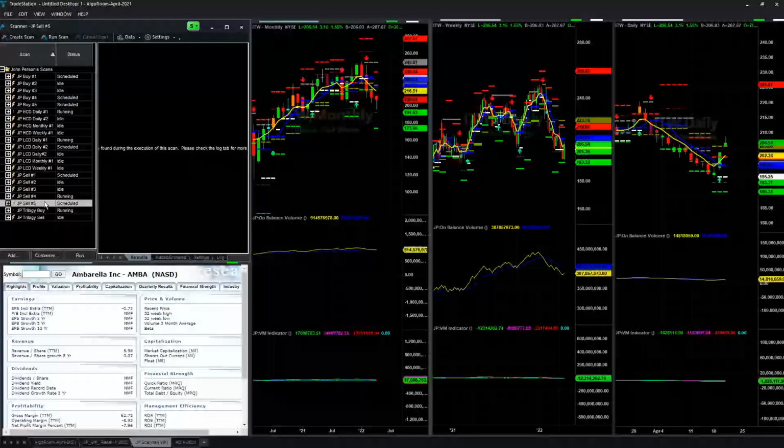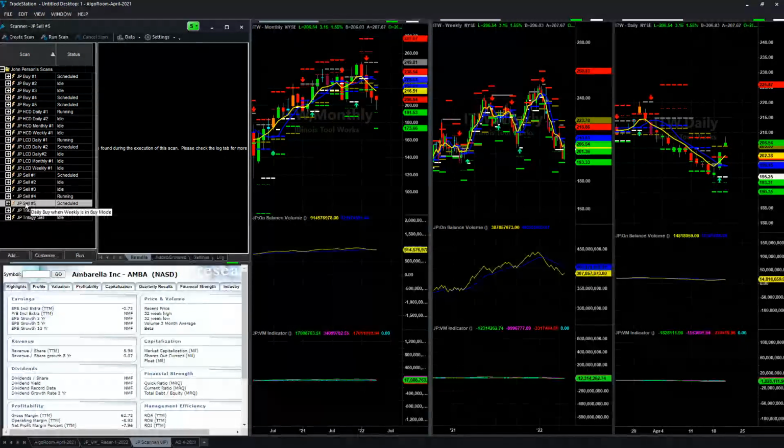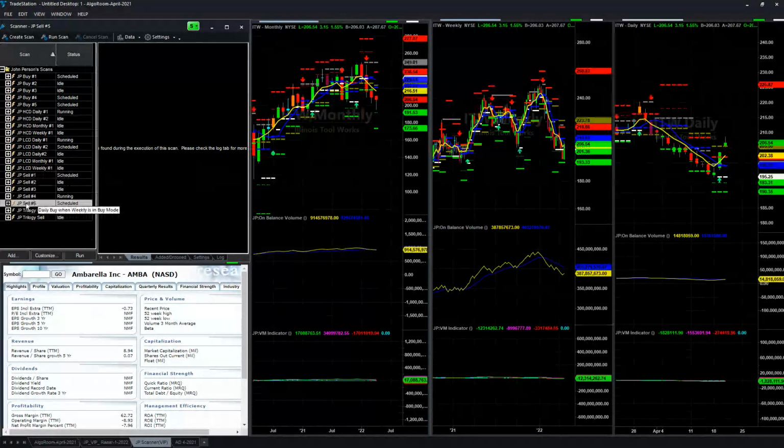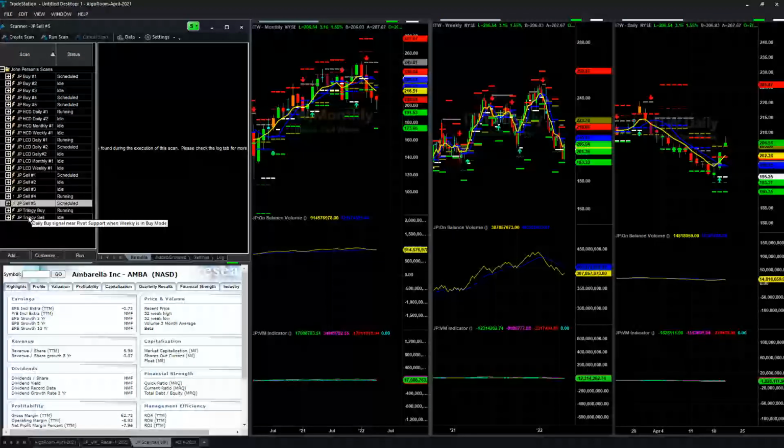So the JP5, that's why it says daily buy when weekly in a buy mode. It's JP daily. It's number 5. It is irrelevant. It's 1, 2, 3, 4, and trilogy. So I apologize for that. We ought to just get rid of the JP5 and then just do another release.